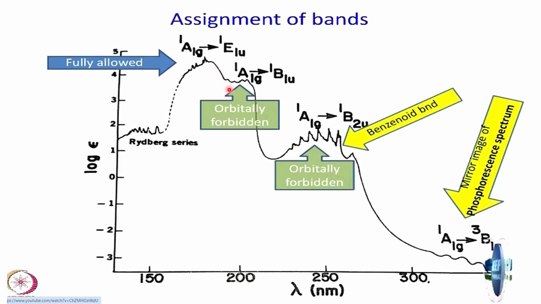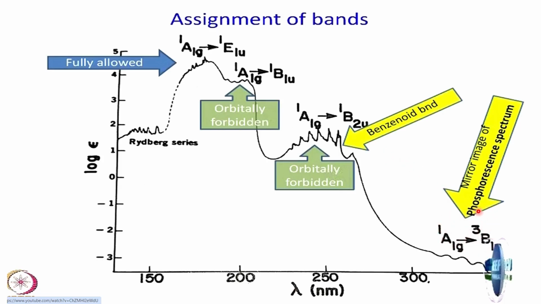They are actually overlapped by this highly intense fully allowed band, singlet A1G to singlet E1U. So that's why it is better to take the benzenoid band, assign this, and then whatever is left out is your B1U.